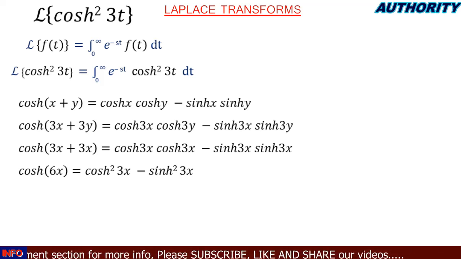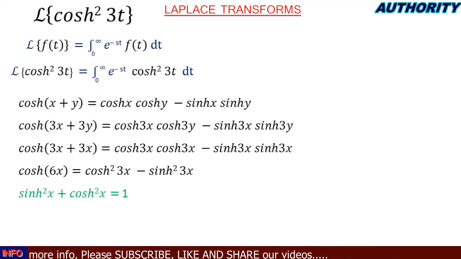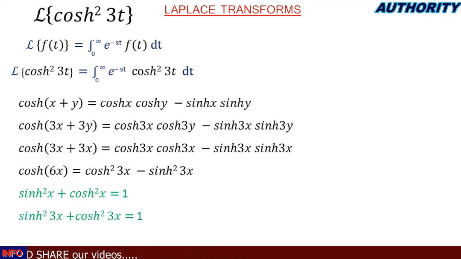In hyperbolic identity, we have sinh squared x plus cosh squared x... actually, cosh squared x minus sinh squared x is going to give us 1, and then cosh squared 3x minus sinh squared 3x is the same as 1. Is that true? Good.